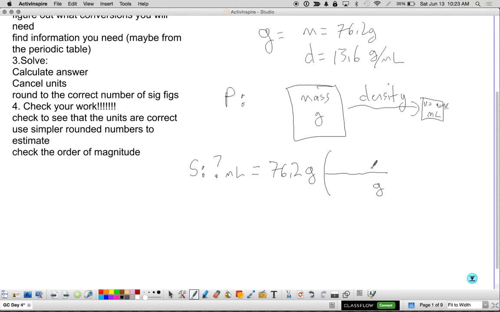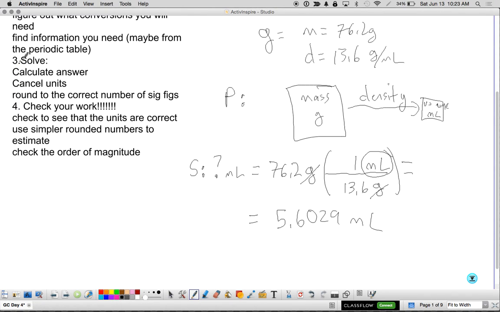So I'll put milliliters on top, and that's 13.6 grams over 1 milliliter. My units cancel out, and I know that I'm solving for milliliters. So when I do this, the answer that I get is 5.6029 milliliters.